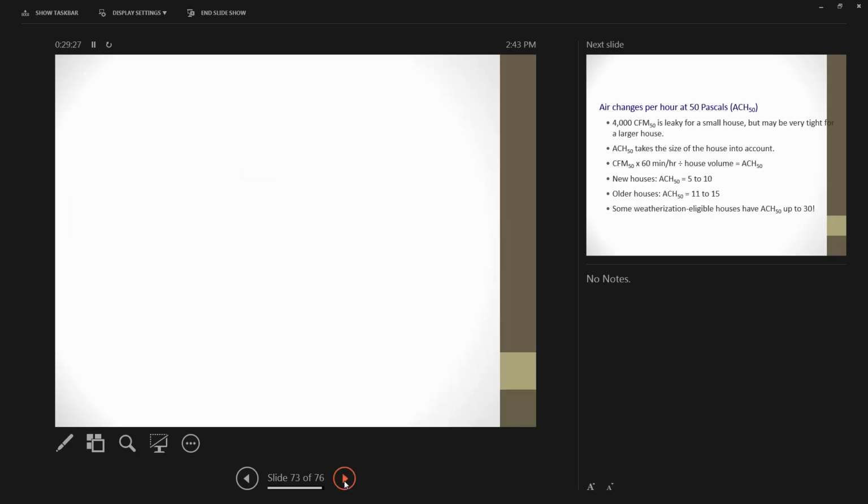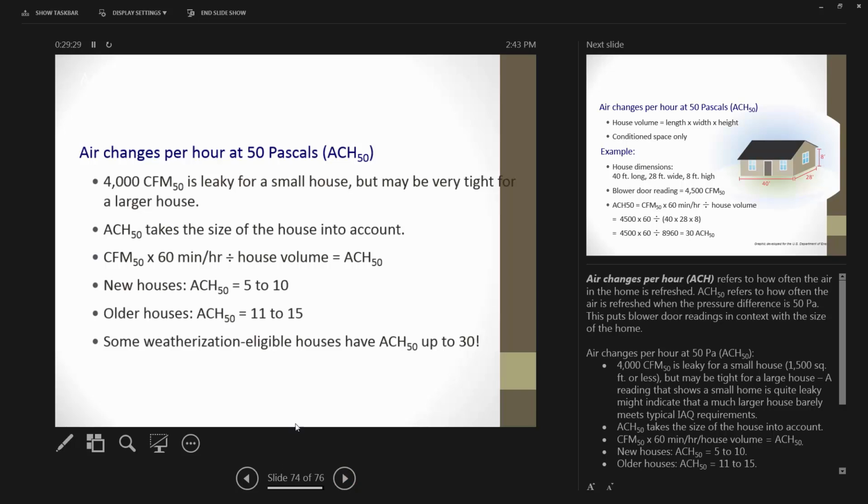So one of the things to, where's my slide? There we go. One of the things to work on as well is you can't really get your air change rating until you know the volume of the house. For example, back to that 5,000 cubic feet per minute, if that's in a house that's 10,000 square feet, that might not be all that bad, but if you've got 5,000 cubic feet per minute in a 1,200 square foot house, it's pretty awful.